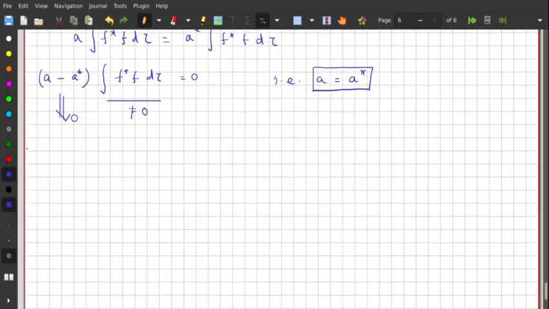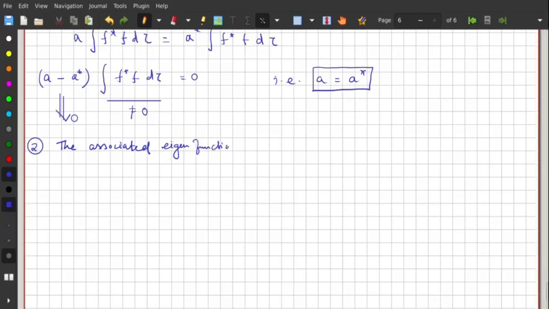Okay, and that comes to the second important property, associated with the eigenfunctions. The eigenfunctions form a complete, orthogonal and normalizable set.